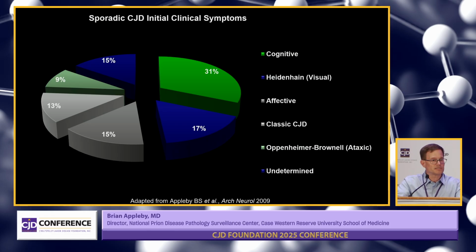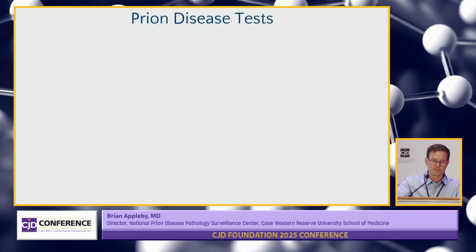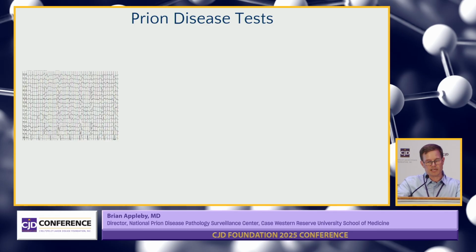So what that means is only about 13% of people does the clinician have the opportunity to order the right tests out of the gate. All right. That means the other people are either going to require other diagnostic tests that may signal that this patient might have CJD, or they're going to have to require symptom evolution over time so that the doctor knows what to order. So let's talk about some prion disease diagnostic tests.